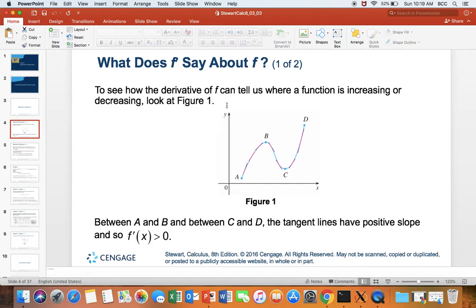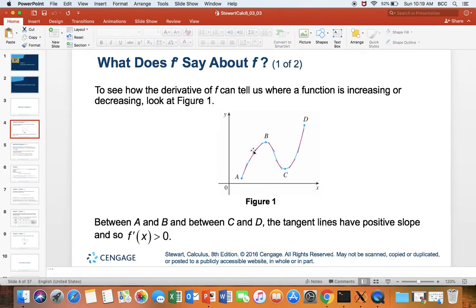To see how the derivative of f can tell us where a function is increasing or decreasing, let's look at this figure. My curve is increasing from point A to B, then decreasing from B to C, and then increasing again from C to D. Between A and B and between C and D, the tangent lines have positive slope.